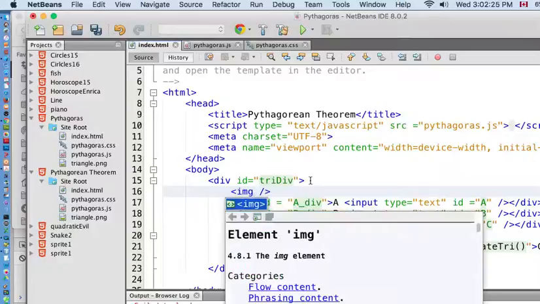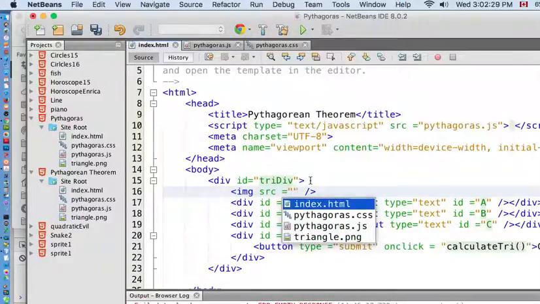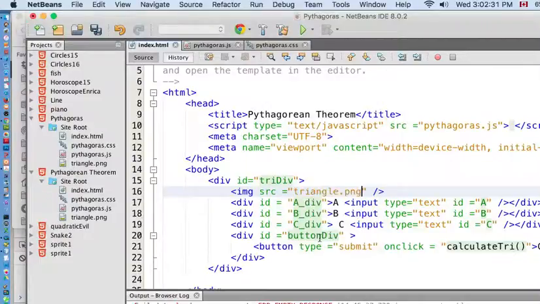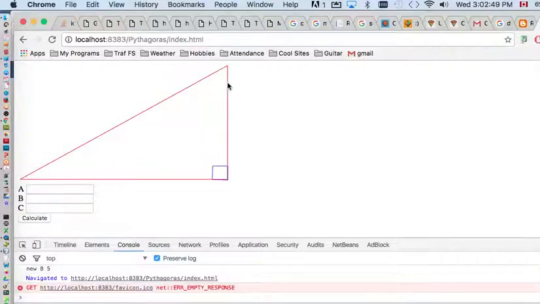The source is going to be triangle.png, and the alt is going to be a right-angled triangle. Okay, and then if we save that and go back, there it is, there's the right-angled triangle.